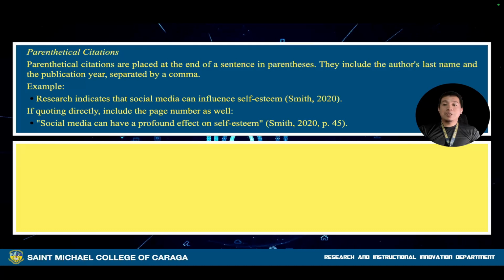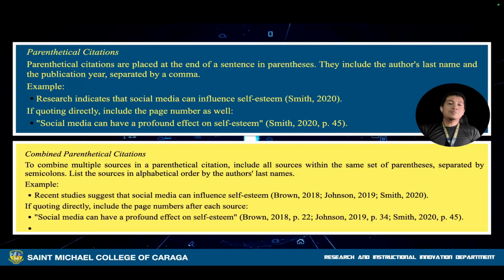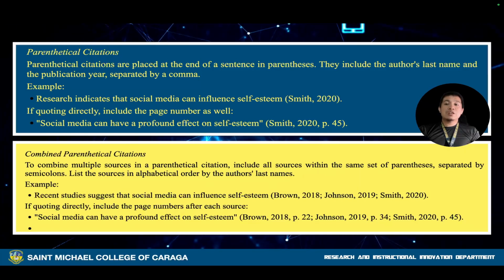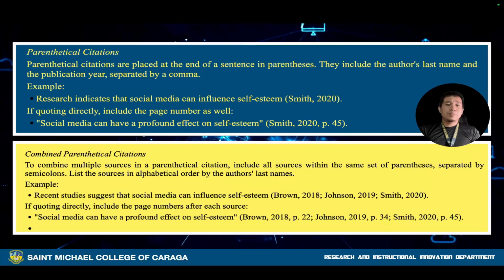So, as much as possible, do not directly copy the lines of the resource that you have on your paper. And also, when you talk about parenthetical citations, the only thing that you need to remember is the last name and, of course, the year of publication. If there are multiple authors, then you could look at how to combine parenthetical citations.